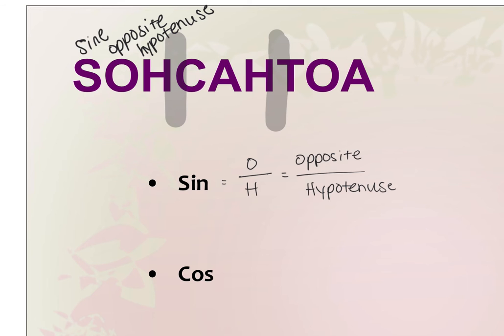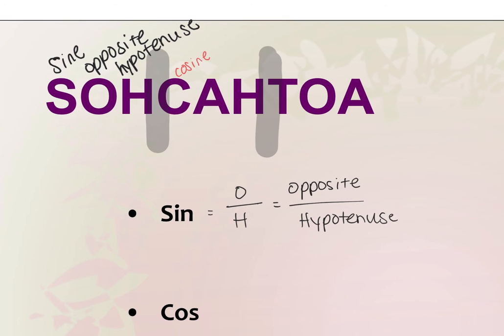Okay, now C-A-H is our second one. What do you guys think the C stands for? Cosine, very good. So let's fill in cosine. The A now is going to stand for adjacent, because it's the adjacent side.